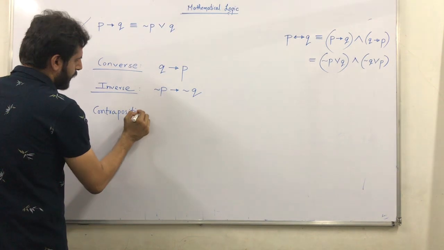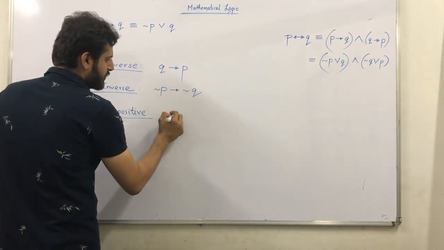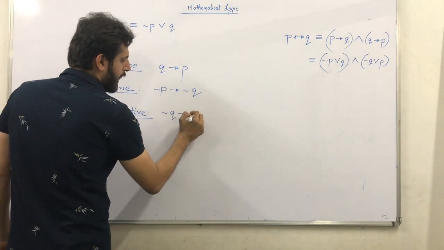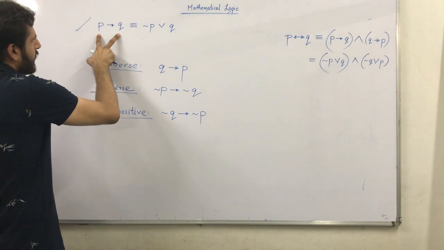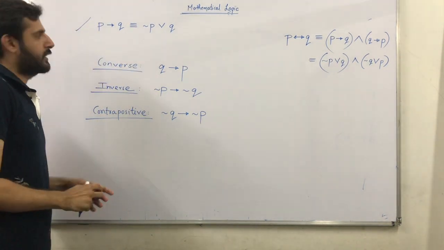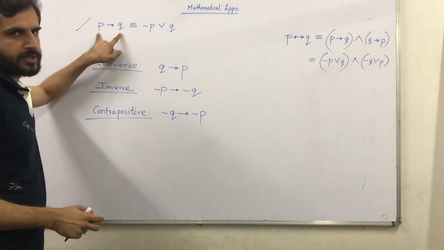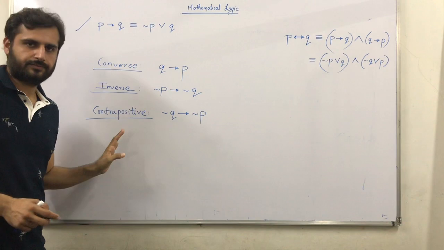In contrapositive, what we have is negation Q implies negation P. It is like we have to interchange this with a negation sign. Okay, so we'll interchange P implies Q with Q implies P, and we put a negation sign there.